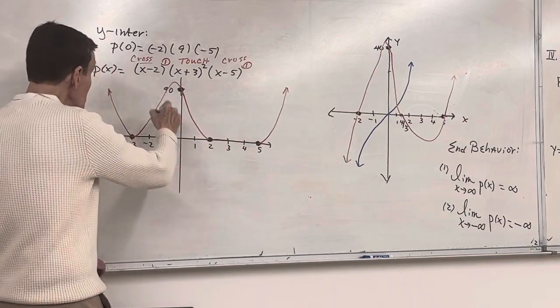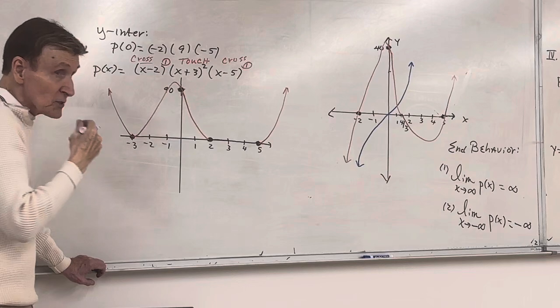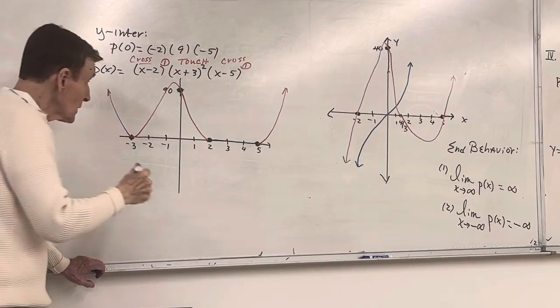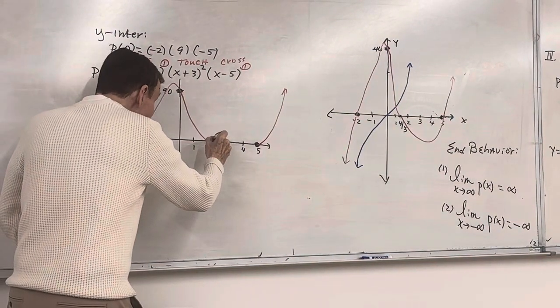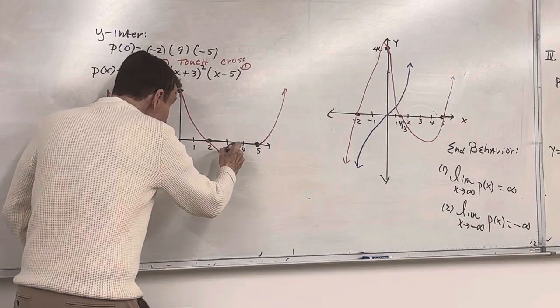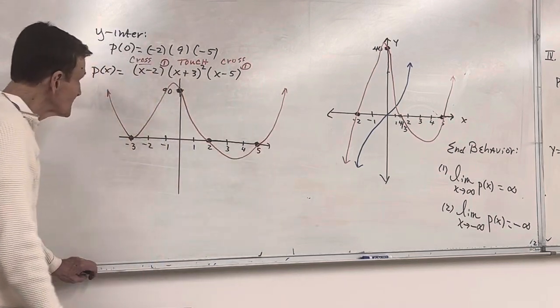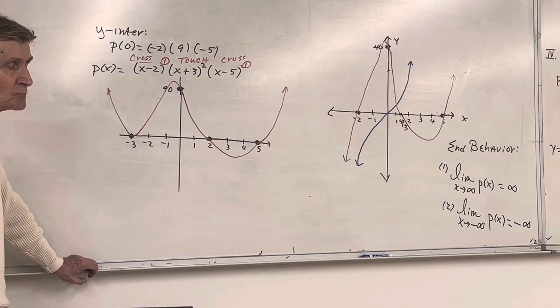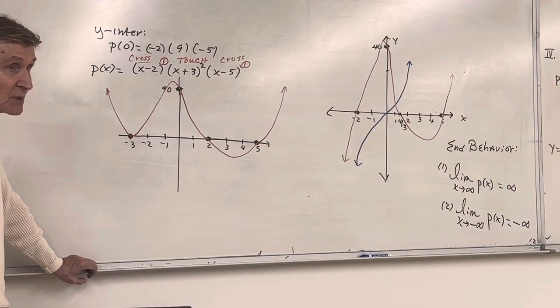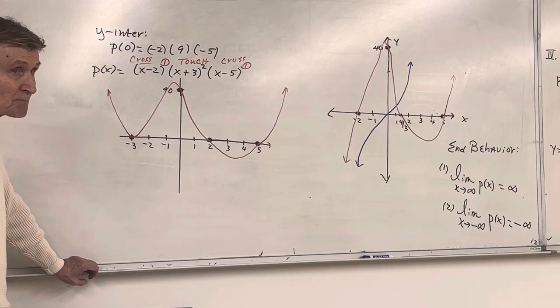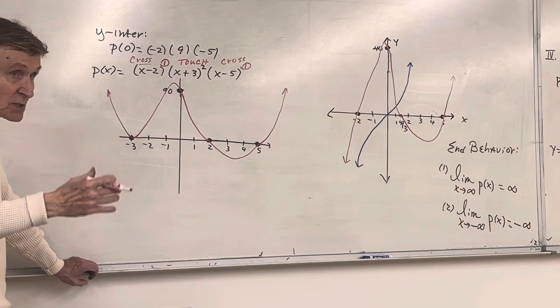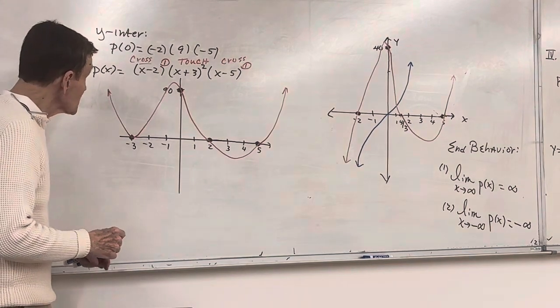Now at 2, which came from here, what should it do there? Cross over. How far down it drops, I don't know. We don't know right now. Let's cross over and come back and connect. And there's a rough sketch of the graph. Does that make sense? When it crosses, when it touches, in behavior, there's the graph.